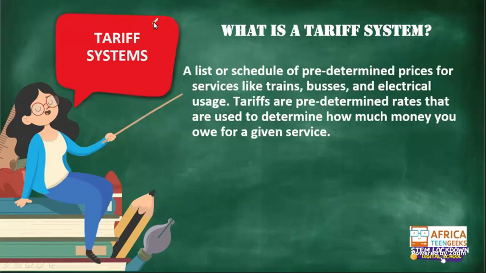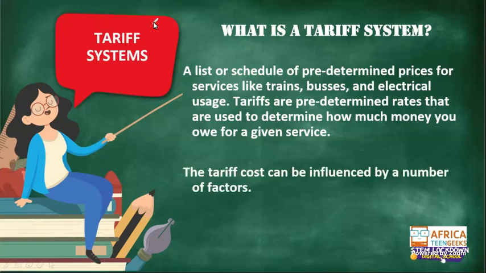There we go, Sharon, thank you very much. It's a table of fixed charges for services. Tiro, great, guys, that is very nice. Yes, it's a list or schedule of predetermined prices for services. And then we've got a few examples: trains, buses, electrical usage. Tariffs are predetermined rates that are used to determine how much money you owe for a given service.